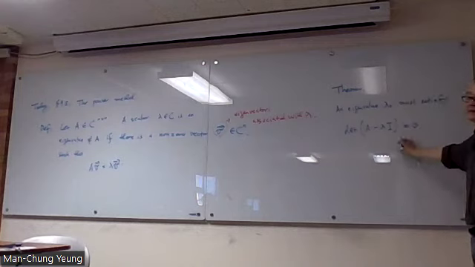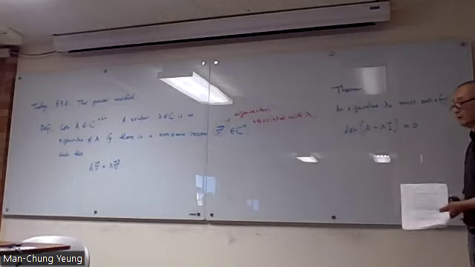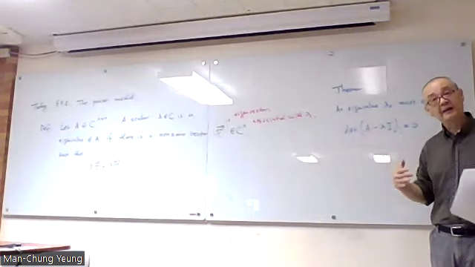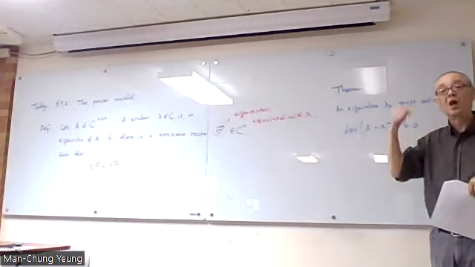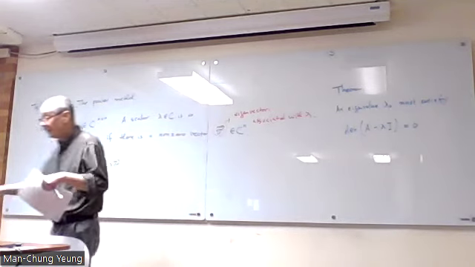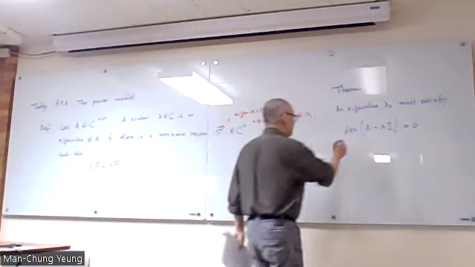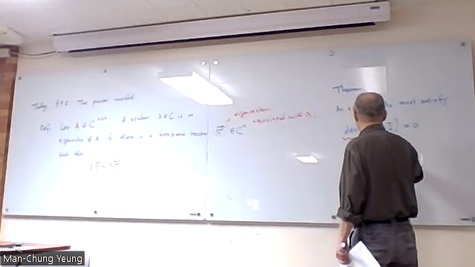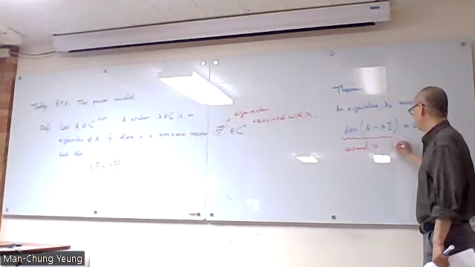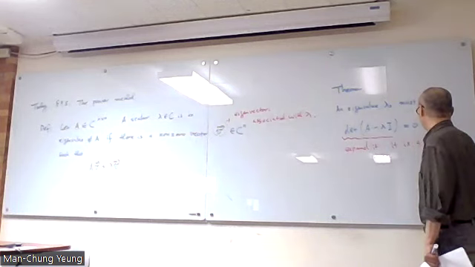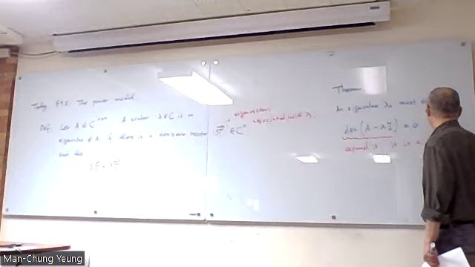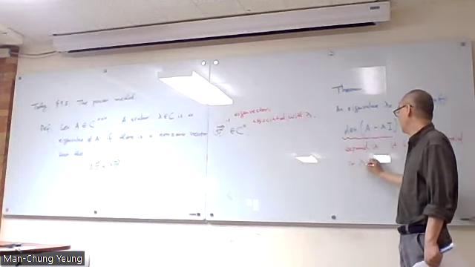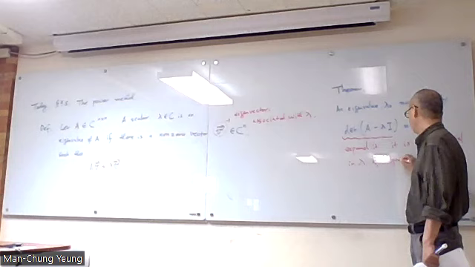And what is the left side? It is a determinant. If you expand the determinant, you will see the left side actually is a polynomial in lambda of degree n.